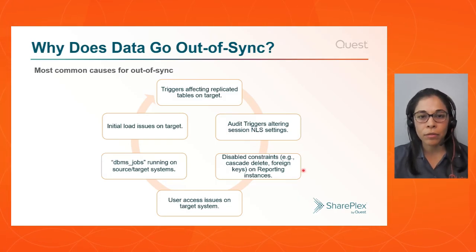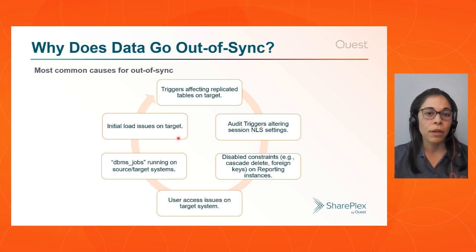Extra constraints on target tables like foreign keys, or DBMS jobs running on the source and target systems that could be modifying data automatically, can also lead to these inconsistencies. Even user permissions that are not aligned between the source and target, or the initial load done during the creation of the target database, can also cause this kind of autosync. So it's very important that you validate this information in your current system.